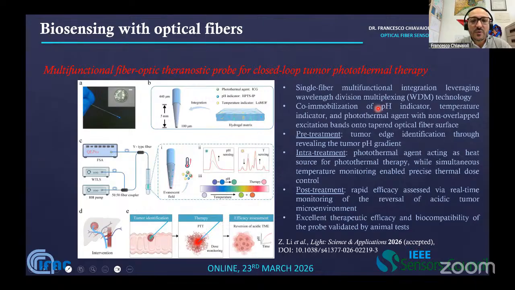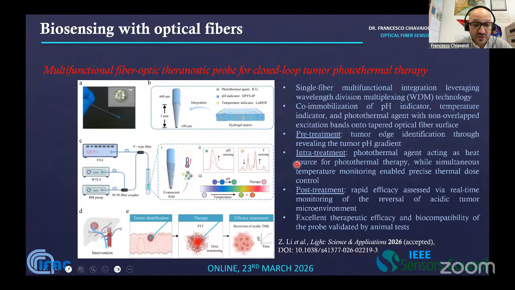Specifically, we co-immobilize a pH indicator, a temperature indicator, and a photothermal agent with no overlap at excitation band on the tapered optical fiber. And this system allows for the pre-treatment of the tumor by tumor edge identification through revealing the tumor pH gradient.